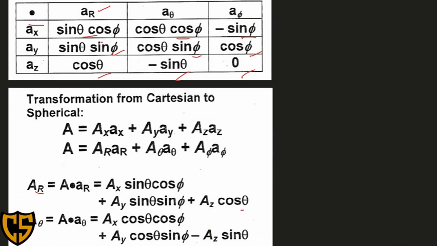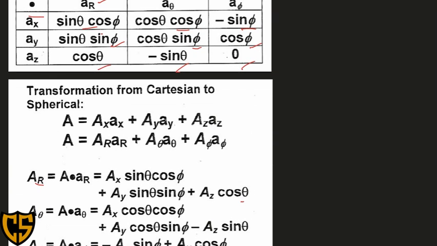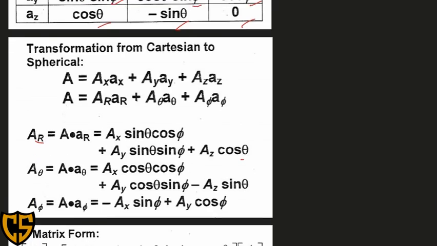So we have AR, para magkuha ka sang AR, multiply mo man lang siya. So we have AX naton, multiply mo sa sine theta cosine phi. Then AY naton, sine theta sine phi, then AZ cosine theta. But still, kinahanglan mo Japon, mga familiar sa aton nga mga values dire para mas ma-perform nimo ang matrix operation.